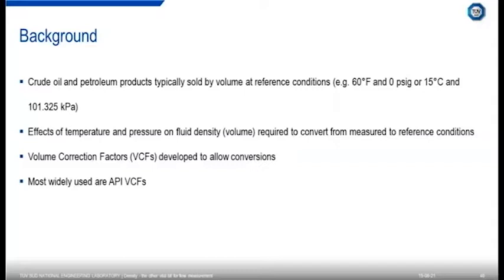So we need to know the effects of temperature and pressure on the fluid density, the volume, to convert from the measured conditions to those reference conditions. And this is typically done using volume correction factors, the most widely used of which are those developed and supported and maintained by the American Petroleum Institute.